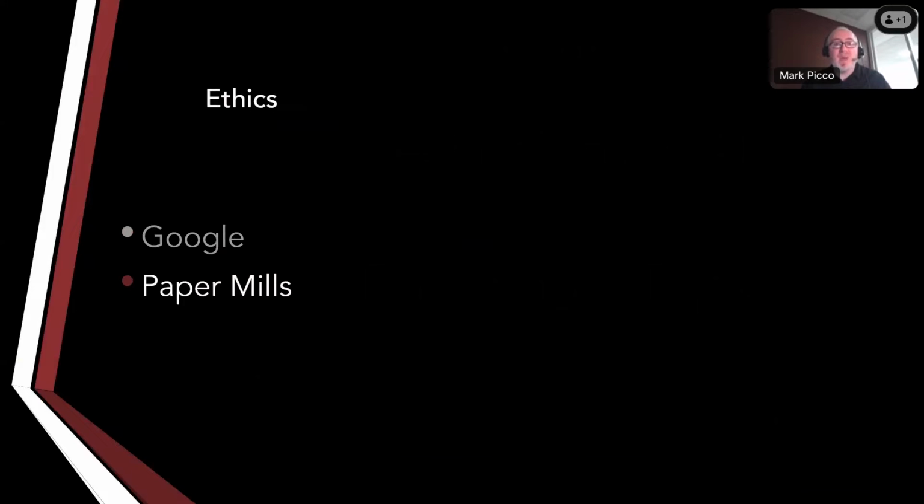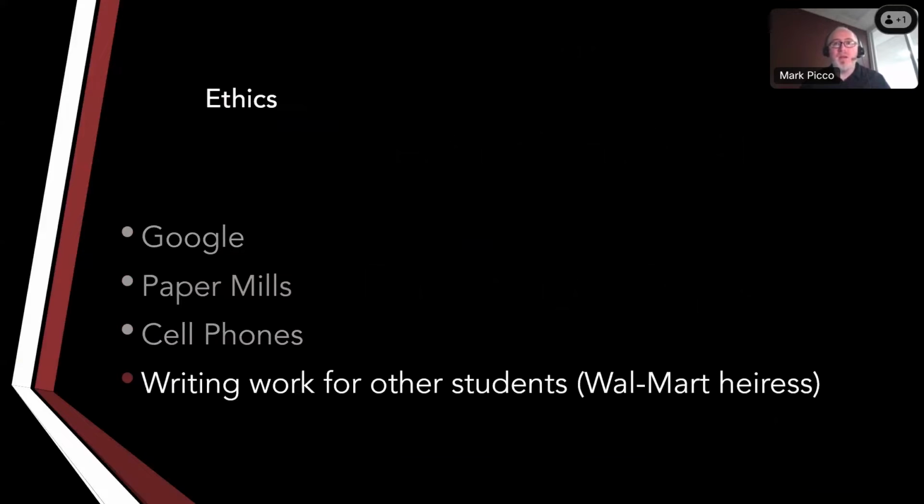There's also the idea of paper mills mentioned in this report, where students potentially will go online and buy papers from other students. They will have someone write papers for them. It also talks about how cell phones might be used to cheat on a test or a piece of writing. And it even talks about how a Walmart heiress was living with another student on campus at a university, and she paid her roommate to write the papers for her courses.